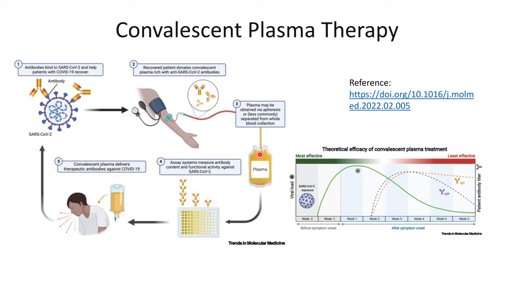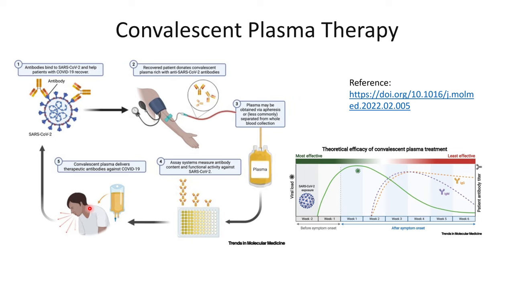The plasma that is taken from the recovered patient will first go through an assay where the functional activity of the plasma against SARS-CoV-2 is tested, and then it is used for the treatment of a COVID-19 positive patient.